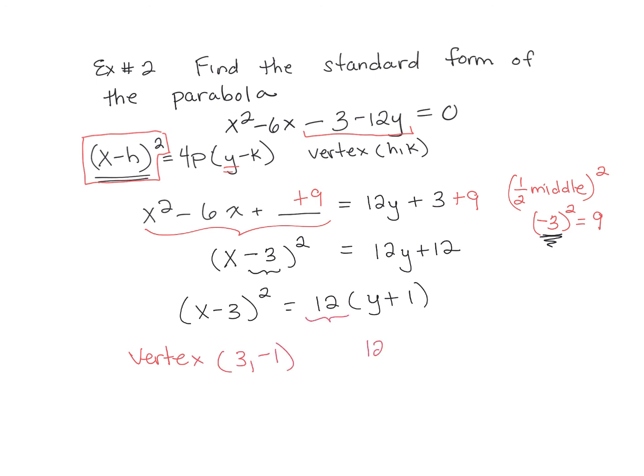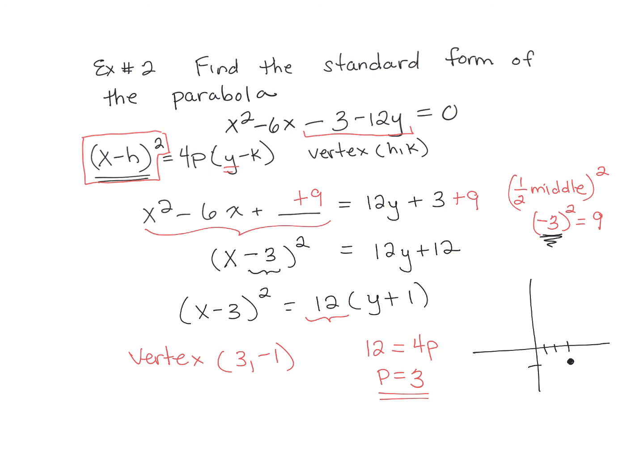This 12 plays the part of 4p, so our distance between the focus and the vertex and the directrix is going to be 3 units. And since this is positive, our parabola is going to open up. So let me see if we can do this. 1, 2, 3, minus 1. There's our vertex. And we know it's going to open up.